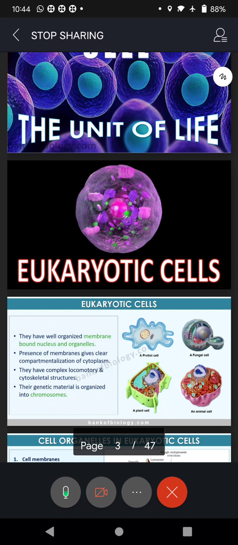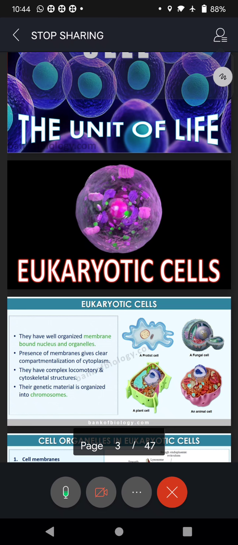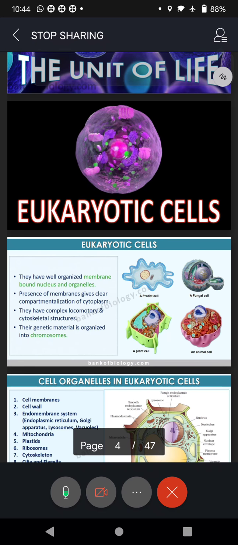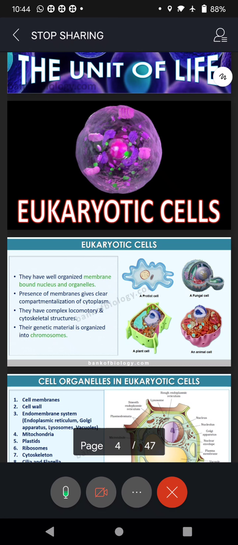Remember, we were talking about differences between prokaryotic and eukaryotic cells. One of the fundamental differences was the presence and absence of a well-defined nucleus. In eukaryotic cells, a very clear-cut nucleus will be present, and in prokaryotic cells, instead of a nucleus, there will be a nucleoid.